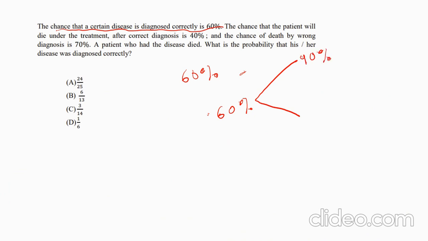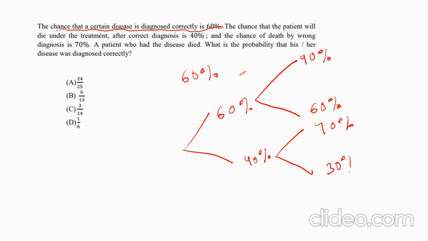That means does not die will be 60%. Now either the diagnosis will be correct or not correct. So for not correct it is 40%. Now the chance of death by wrong diagnosis is 70%, so this will be 30%.